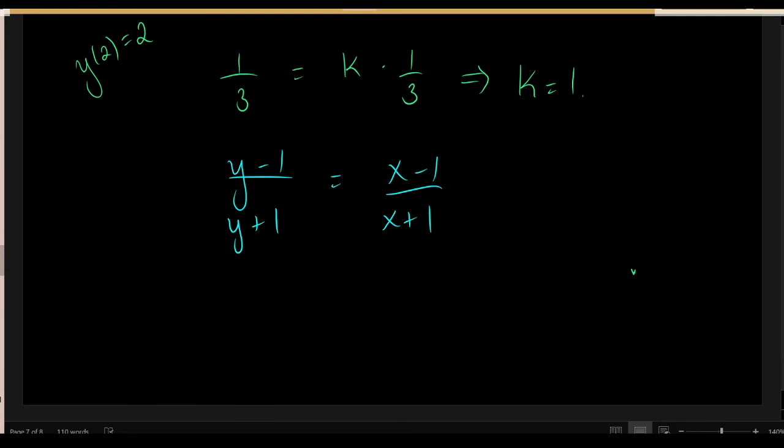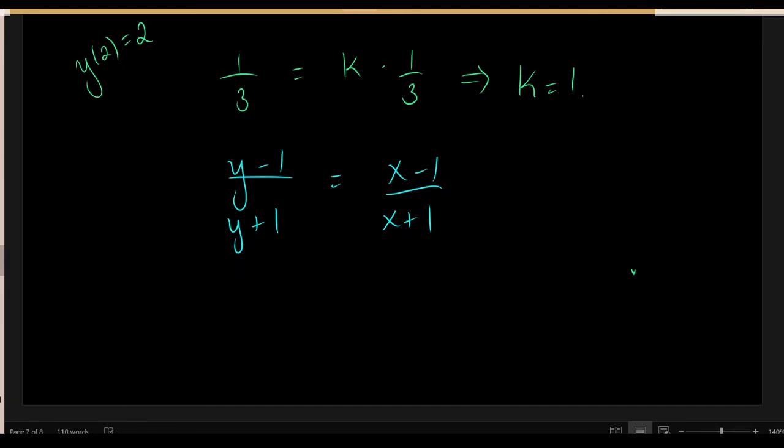Now you can go through the rigmarole of clearing all the fractions, painstakingly sorting out the terms that contain y from the terms that don't contain y, factoring and dividing. But I'll give you a bit of a spoiler. Look at these two expressions. They're exactly the same except for x is on one side and y is on the other side.